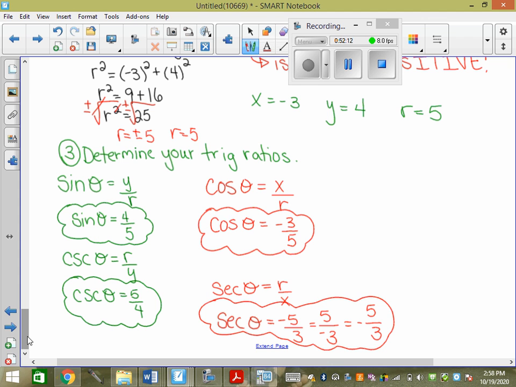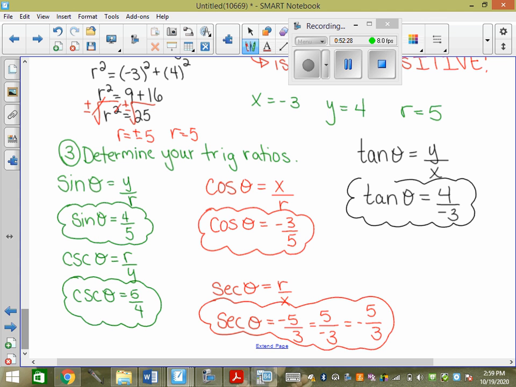So tan theta, tan your x box, we don't want it to lose its vitamin D. So y/x, it's negative as well. Should it be negative? Yes, because the only thing in that quadrant that should be positive is sine and its bestie. And then cotan theta, instead of your x box, your y box. The cotan theta is -3/4.